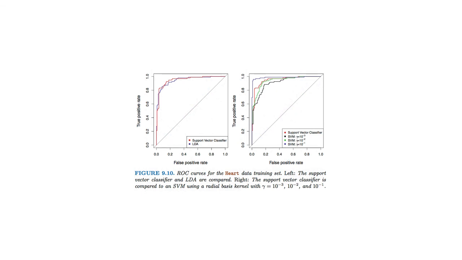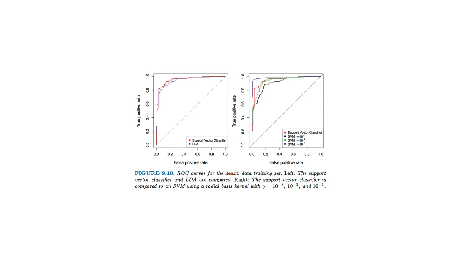Finally, let's take a look at some performance data. Here are ROC curves for the heart data training set. By the way, I should say again, because we haven't looked at ROC curves in a while, what you want is for them to hug the upper left corner.